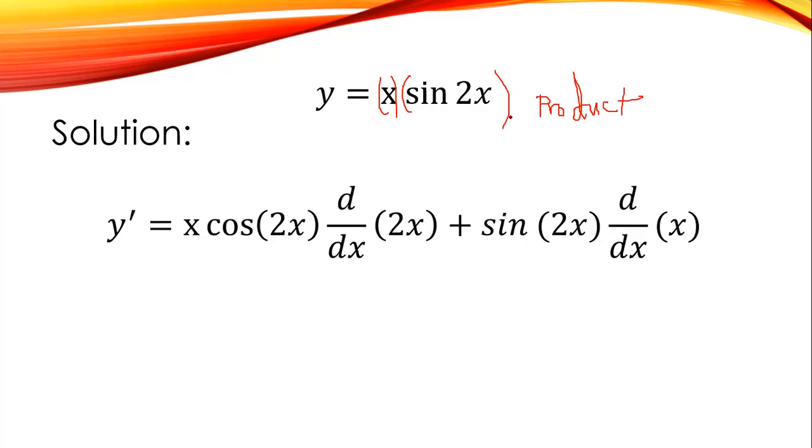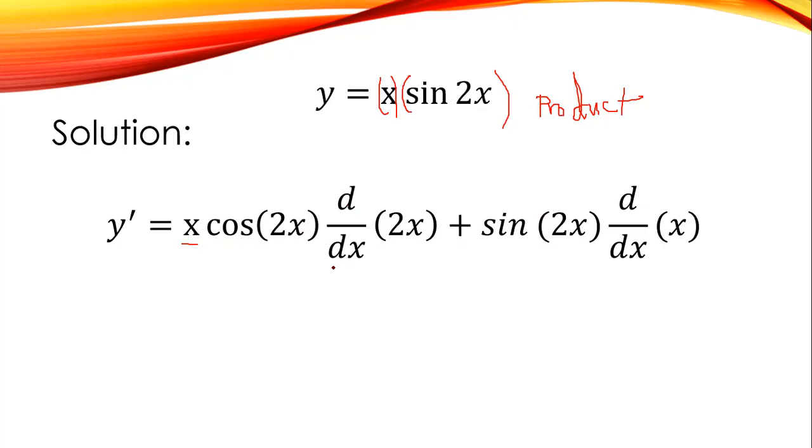For that, again, the first thing is we copy x and then take the derivative of sine 2x. So x, and then the derivative of sine 2x is cosine 2x, and then the derivative of 2x. Plus, copy sine 2x and then the derivative of x.